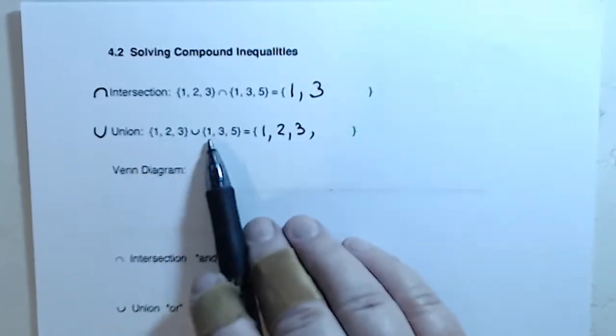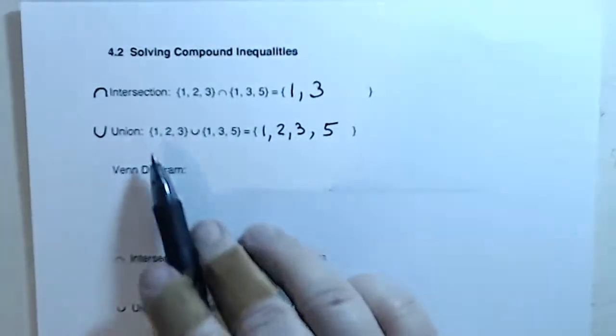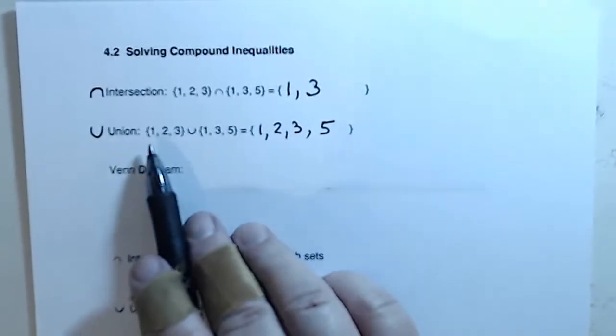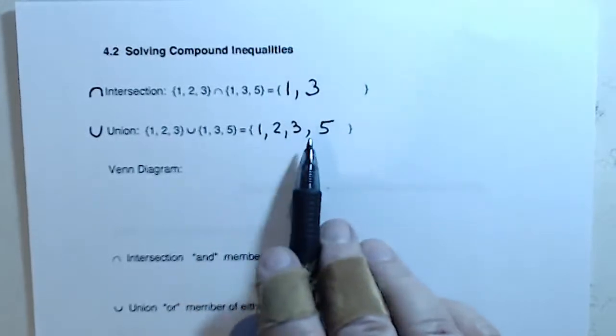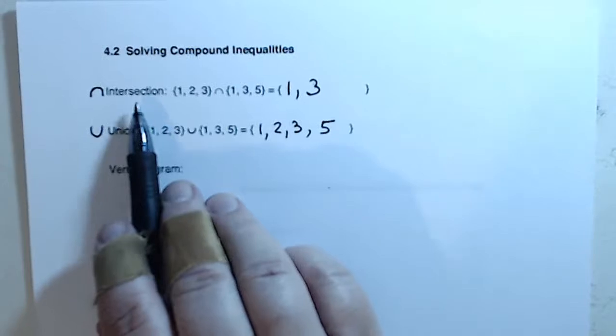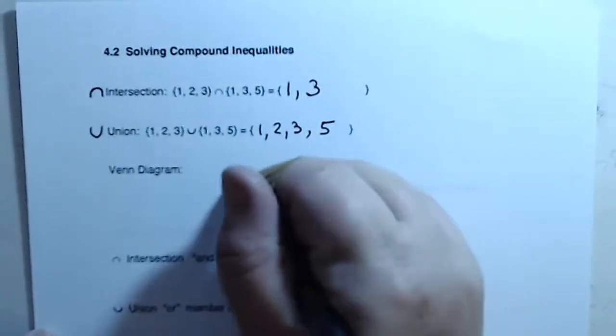So I've already got a 1 and a 3, but I need an additional 5. So you bring together all the elements in each of the sets. And notice that even though 1 appears twice, I only write it once. So intersection is just the overlap. Union is everybody. So what does the Venn diagram look like?